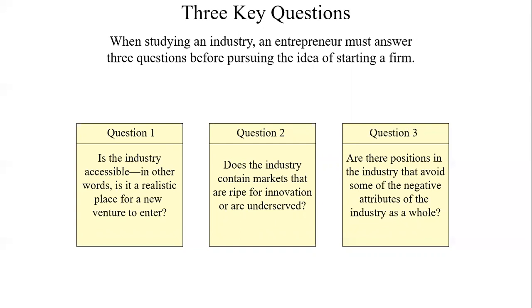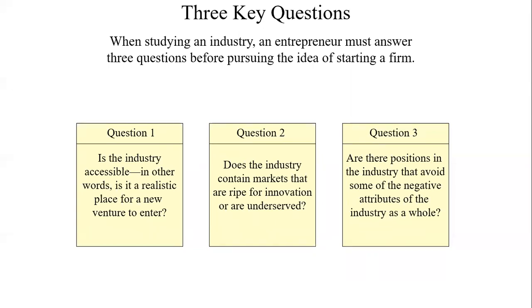So you have to ask yourself as a potential entrepreneur, this industry that you are trying to enter into, is it accessible? In other words, is the industry a realistic place for a new venture to enter?